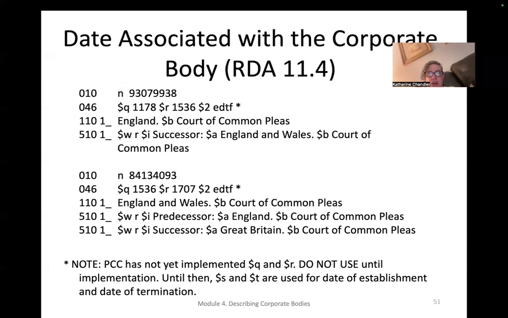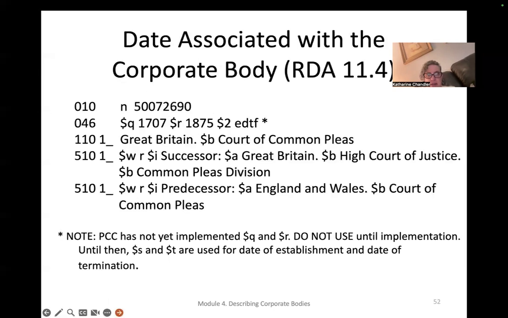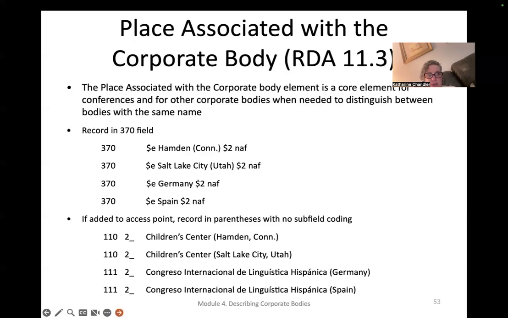Here's an example with a date associated with the corporate body, where you have this 046 field with a 1536 to 1707 date. And then here is a date associated with a corporate body from 1707 to 1875.